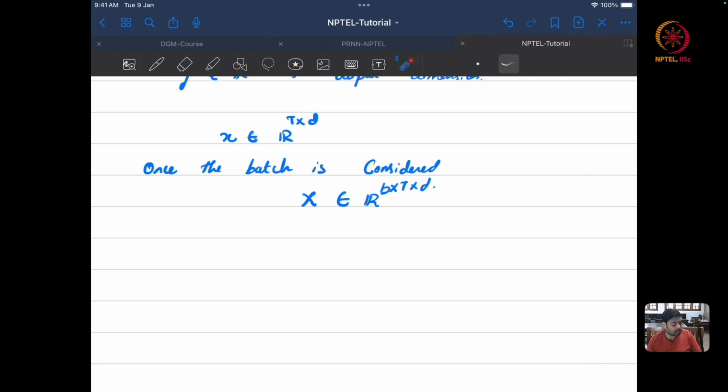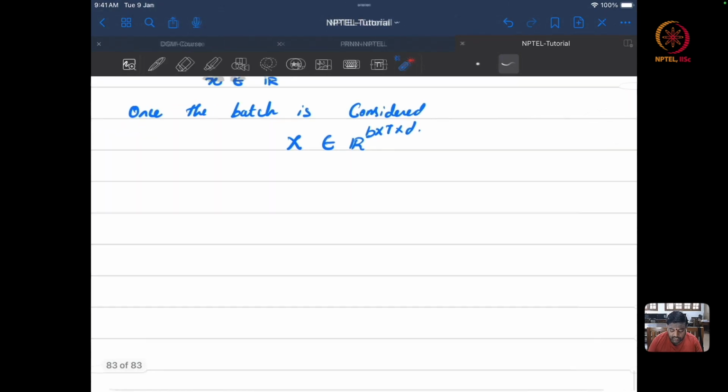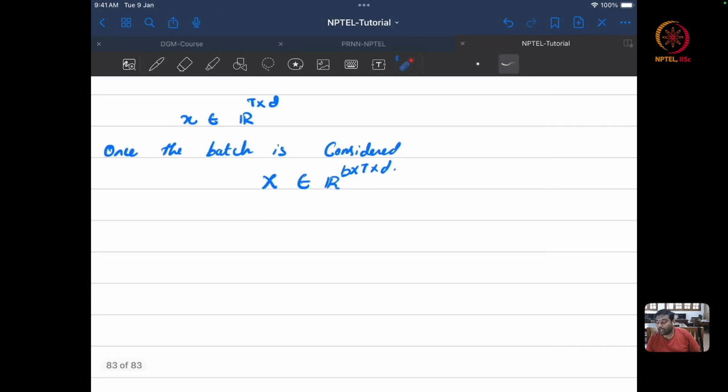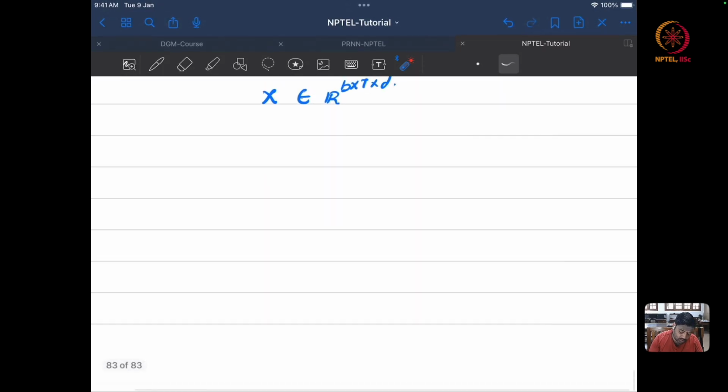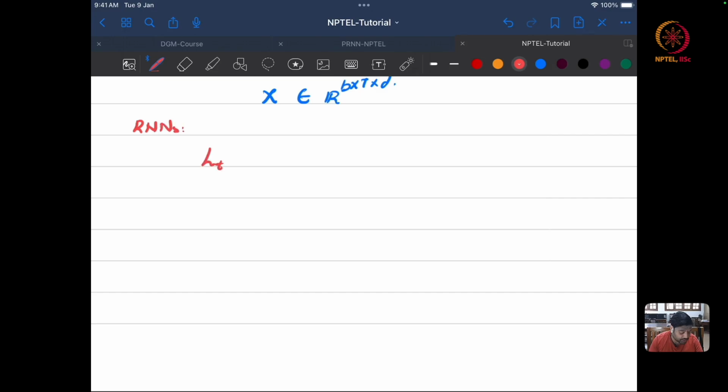Now let's recall the overall RNN equations. The reason I'm doing this is we have to know the size of each of the weights that we are having. In RNNs, we compute h_t equals some activation of W1 x_t plus W2 h_{t-1} plus b1.